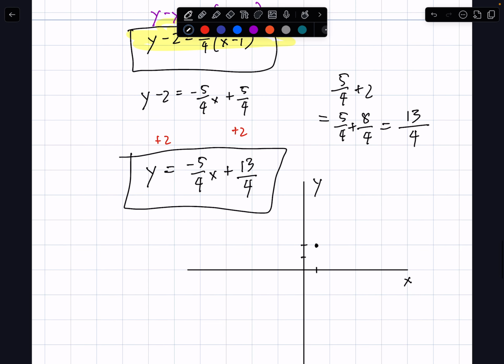That means 5 down, 1, 2, 3, 4, 5, and 4 over, 1, 2, 3, 4. Puts me right there. Okay, connect the dots. Something like that.